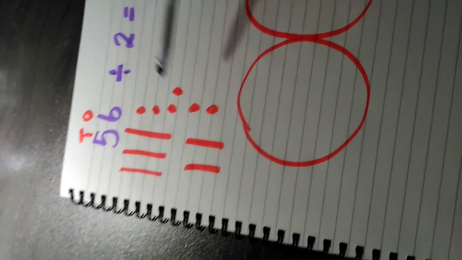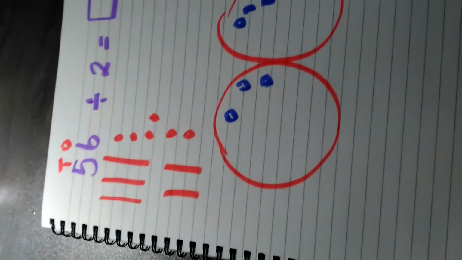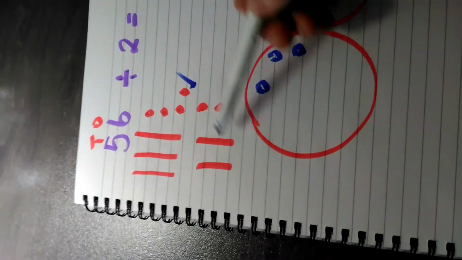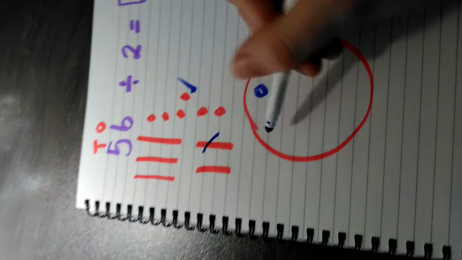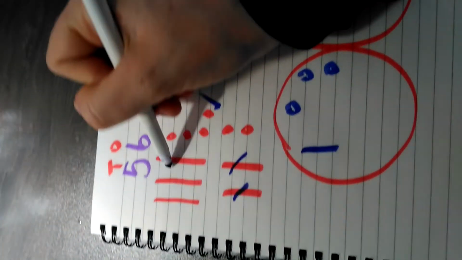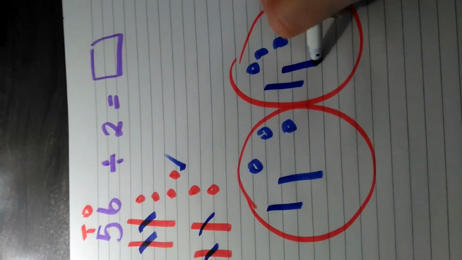Okay, let's do the ones. 1, 2, 3, 4, 5, 6. Okay, I've shared my 6 ones. Now I need to share my 5 tens. I can take this one and put it there. I can take this one and put it there. I can take this one and put it there. And I can take this one and put it there.